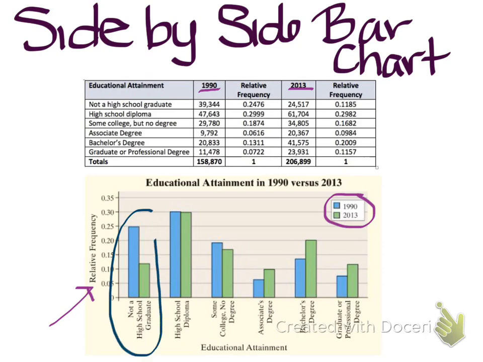We saw it here with not a high school graduate, and we also see it here with some college and no degree. A little bit here with high school diploma, but that might be a good one for if I were to ask you which degree stayed the same from 1990 to 2013. That's where I would put these. I would say they're pretty much the same.